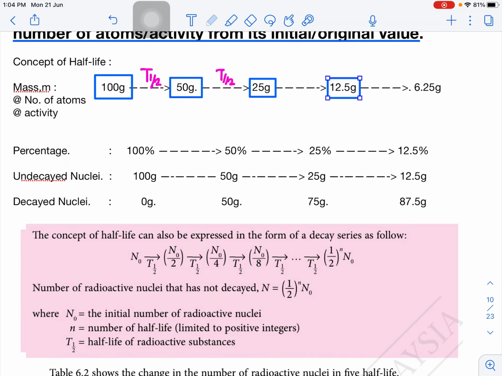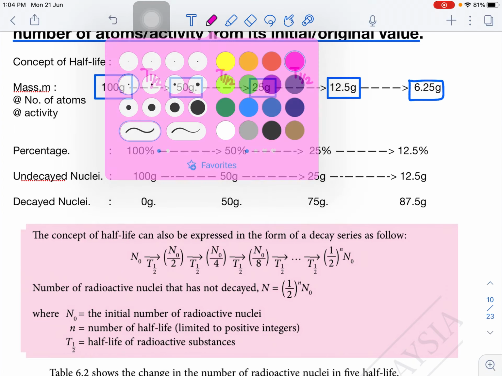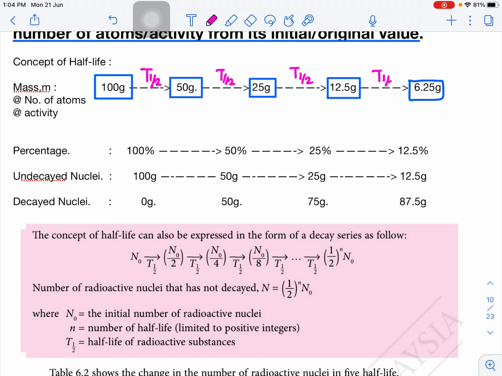The time taken is half-life, and we use the symbol T half. From 12.5 gram to half of 12.5, that is 6.25 gram. The time taken is known as half-life.